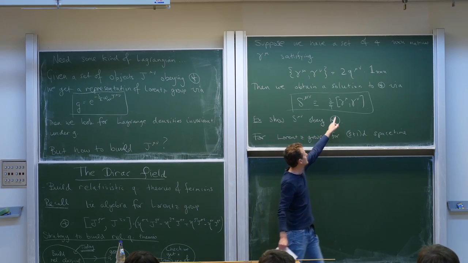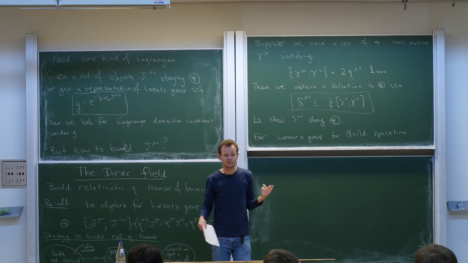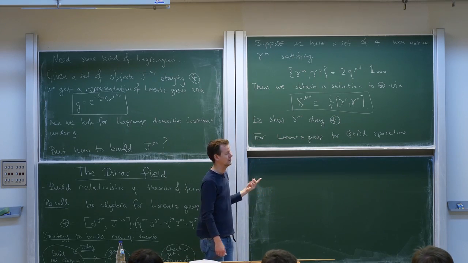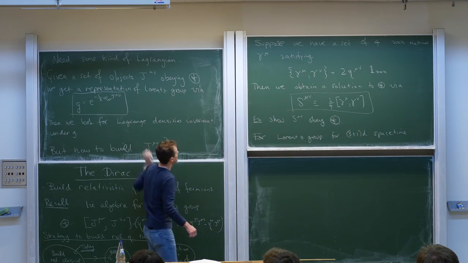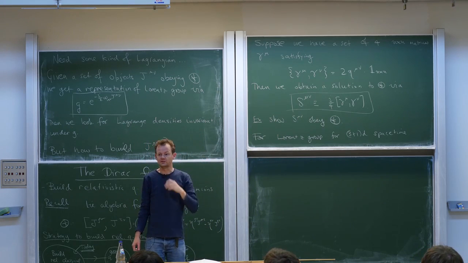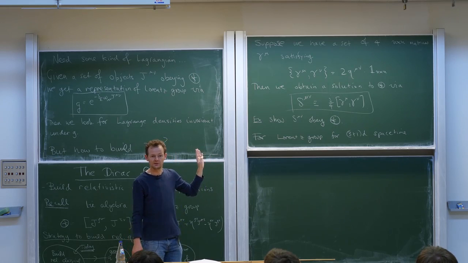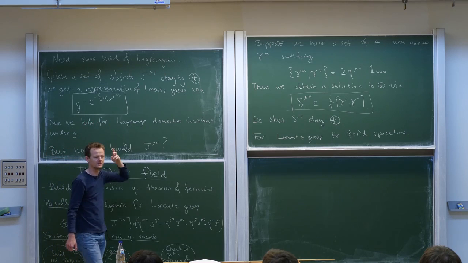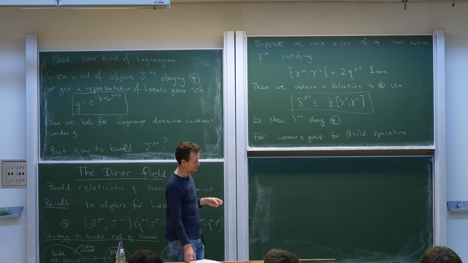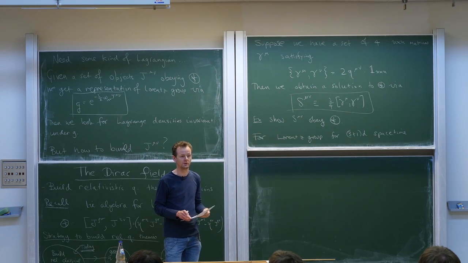And what about 2 by 2? You might wonder if it's possible to find a 2 by 2 matrix gamma mu that obeys this, and when you build these things, it obeys this Lie algebra. Well, you probably quickly convince yourself that's not possible, because there are at most 4 linearly independent 2 by 2 matrices, and we need 6 operators to come out. So 2 is not going to work. 3 is a maybe, but you can check that that doesn't work either.